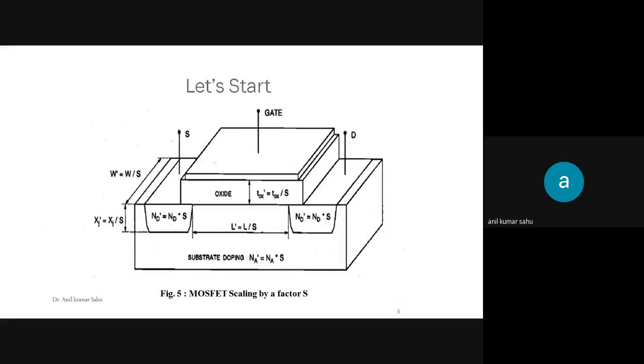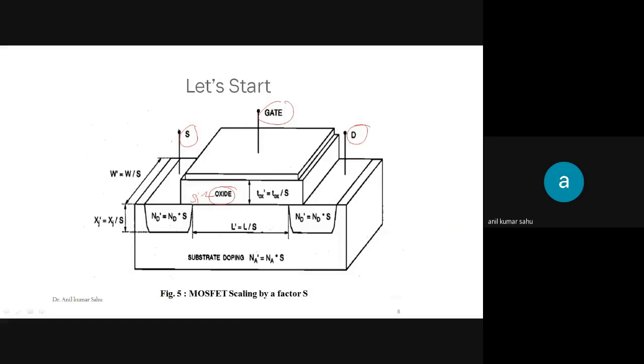Now you can see this is the three-dimensional view of a MOSFET. A MOSFET consists of three terminals: source, gate, and drain. This is the oxide layer, which is SiO2. The thickness of the oxide is tOX.